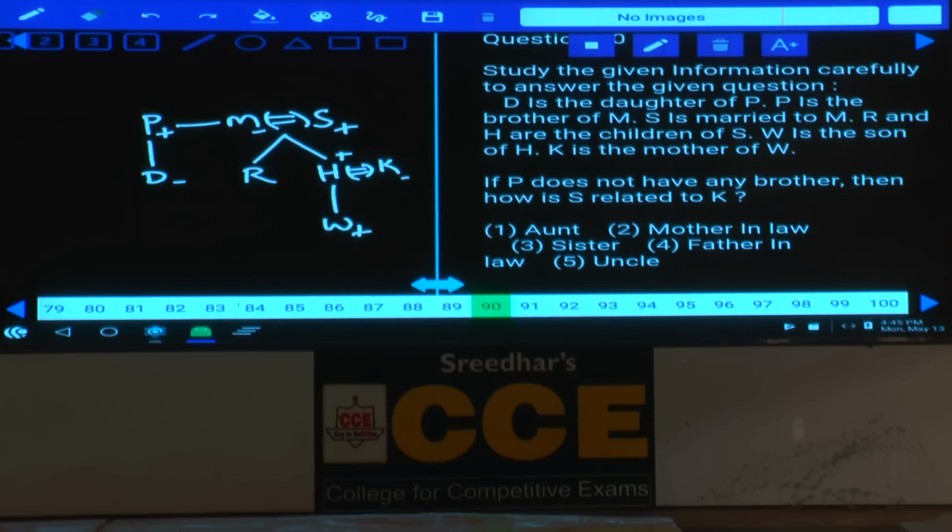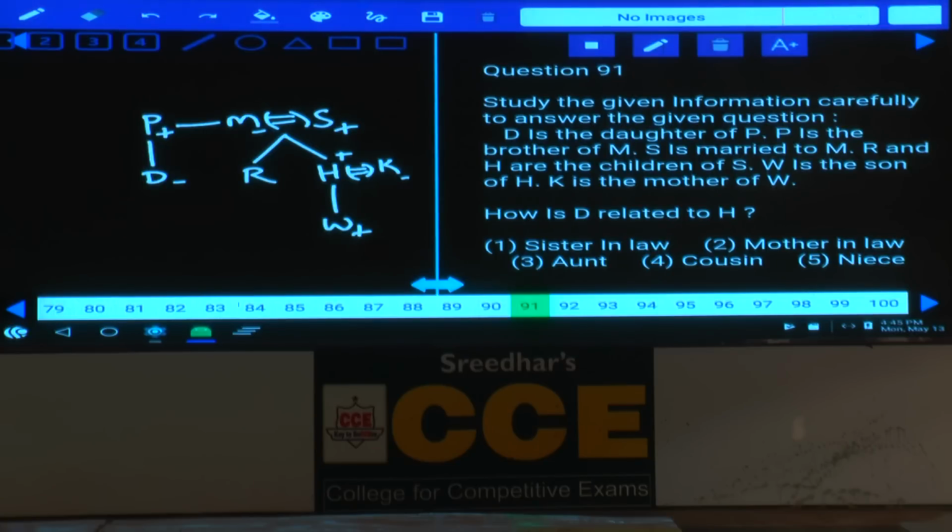K's husband is H, husband's father is father-in-law, choice 4. Question number 90, it is choice 4. Then 91, how is D related to H? How is D related to H here?